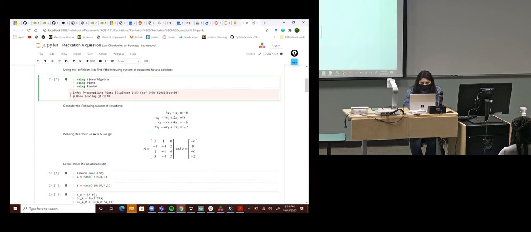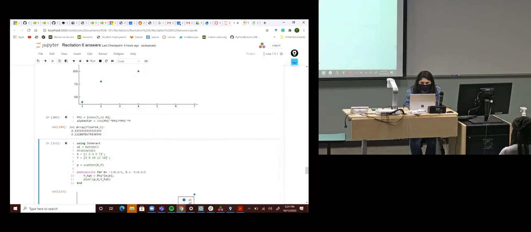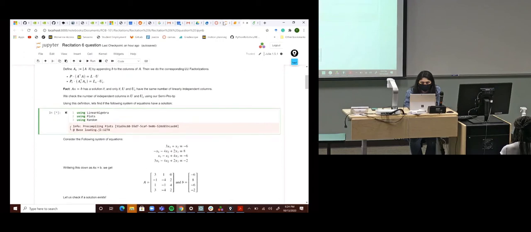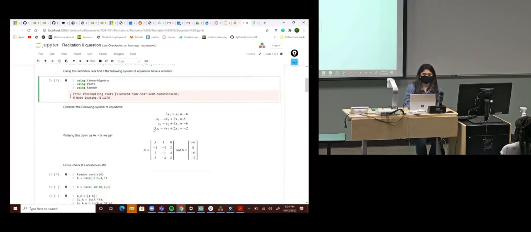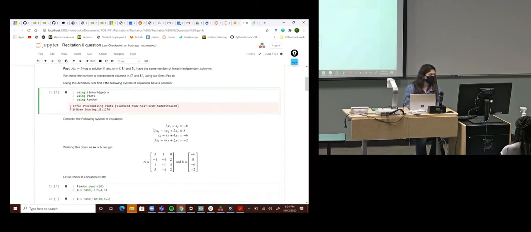Why is it random? Like the matrices, they're like the random function.